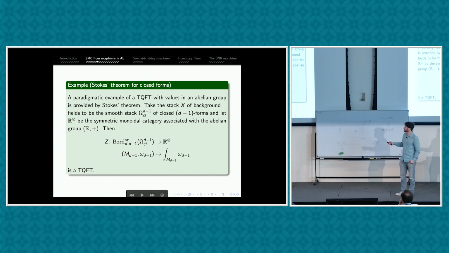As target, I just take the additive group of real numbers. And my morphism is just, I take a d-1 manifold with a closed d-1 form, and I take the integral. And Stokes' theorem precisely tells me that this association is a TQFT with this target category.